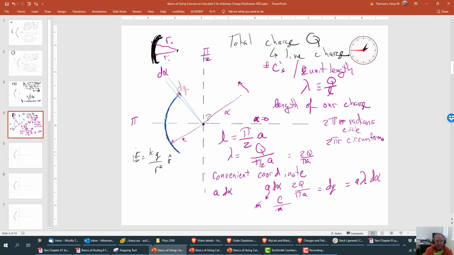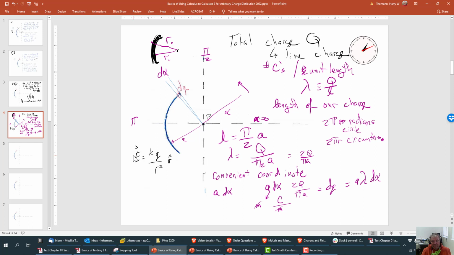And so we need to define some dQ, a little piece of Q, but instead of summing up a whole bunch of little ones, we're going to actually use integration to then say to ourselves, okay, this is how much charge we have.